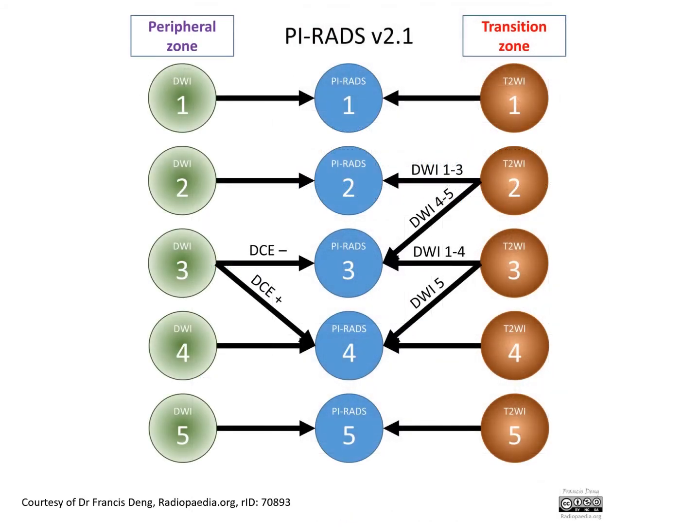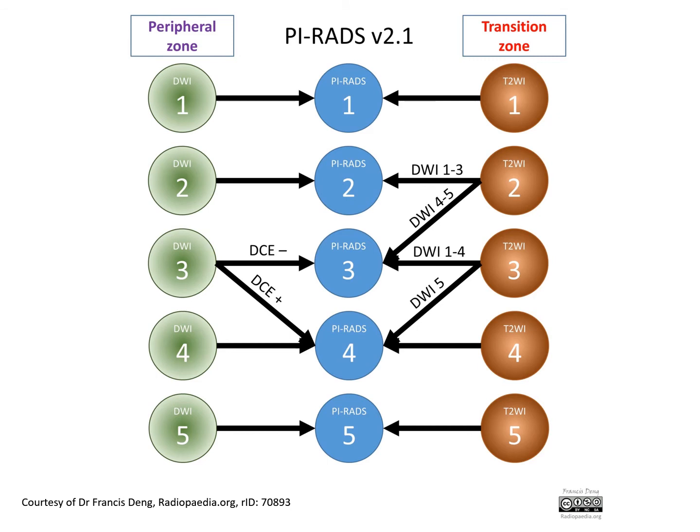Okay, so once you've got all that information, then you put it together and you get an overall score. As I said, you've got the basic score: 1 to 5 for the peripheral zone, which is diffusion, and 1 to 5 for the transition zone, which is based mainly on T2 weighted images. But if you look closely, there are certain situations where you need a tiebreaker.